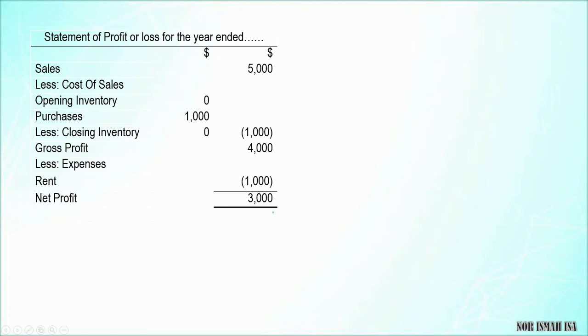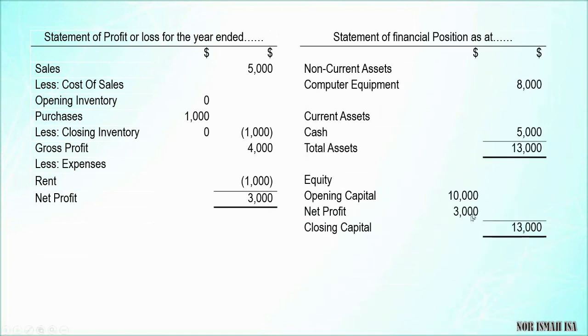So this 3,000 you will transfer to this statement of financial position. So the first part is non-current asset, is the equipment. We have computer equipment. The balance is 8,000. And the current asset we have cash. The cash previously we have 5,000. So the total asset is 13,000.